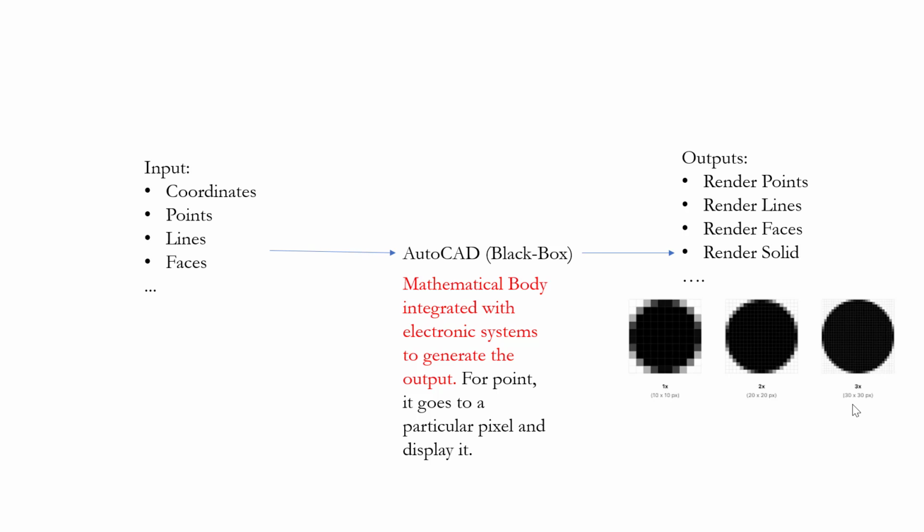So the staircase that you see here will not appear to us, but it exists. How it renders is out of scope. There are a lot of mathematical tools and electronic systems to generate this.